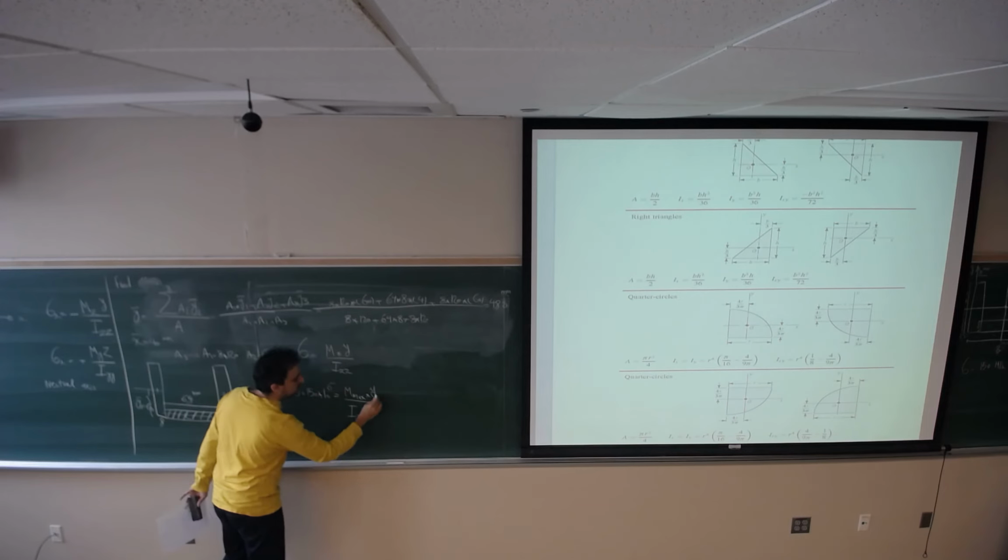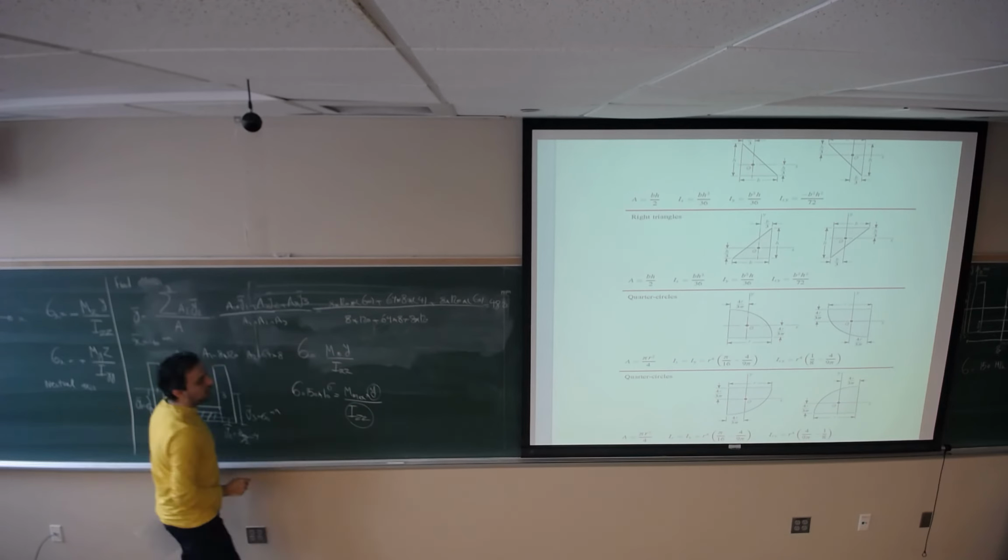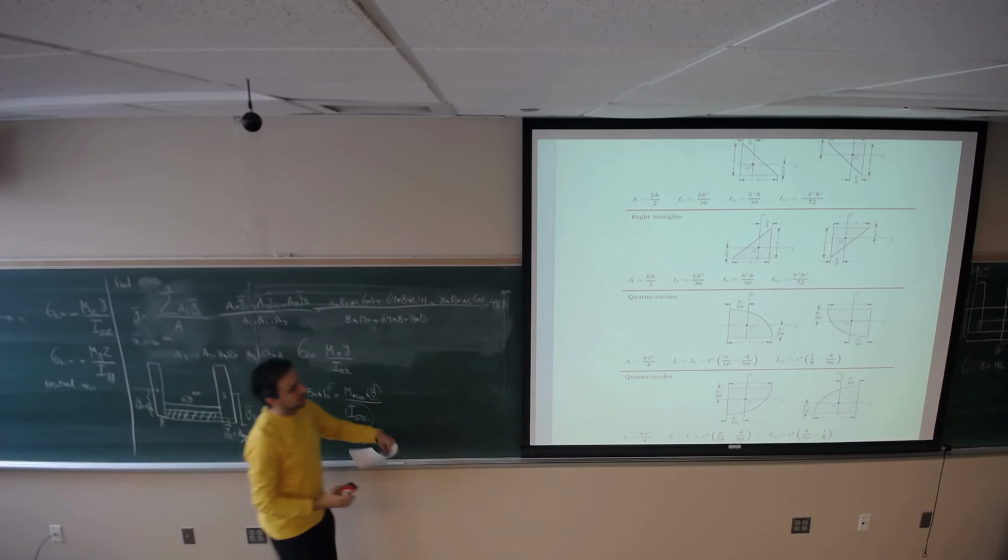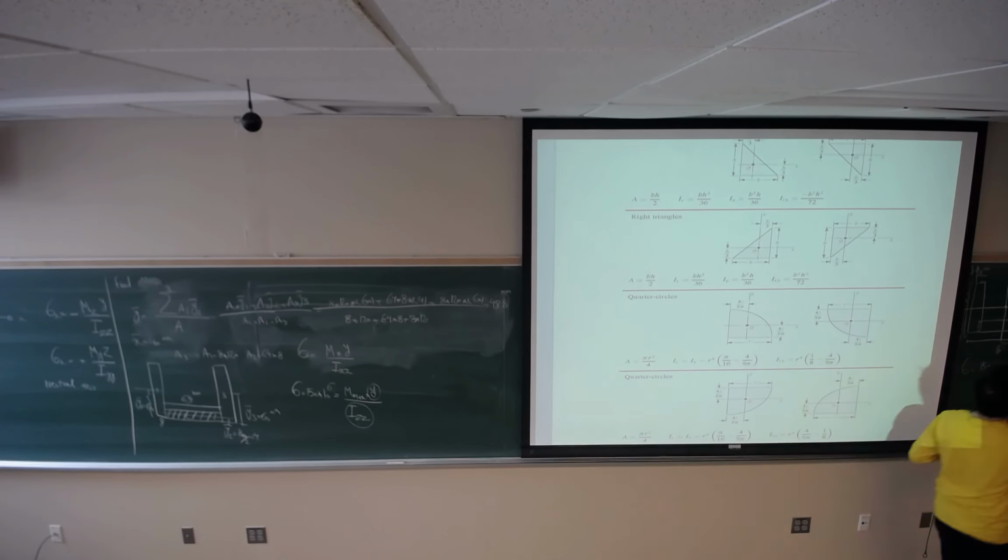I should calculate Y and Izz with respect to the neutral axis. Which Y should I put? I should see if this line has a greater Y or this line has a greater Y. So from here to here is 48.21. What would be this distance? 120 minus 48.21.